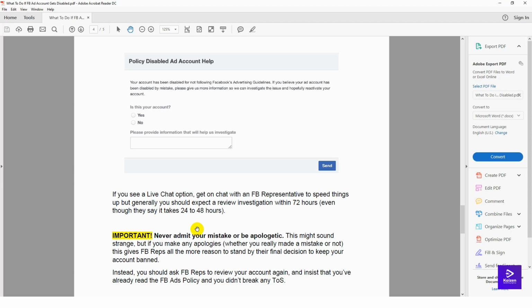Sometimes this could generally be your mistake for not complying with their ads policy. For example, if you're operating in a sensitive market like weight loss, and you're using choice of words that are sensitive or don't comply with the Facebook ads policy, then they do reserve the right to permanently disable your account. At this point, you have no choice but to use another new ad account elsewhere with a different identity, and just be careful not to repeat the same mistakes again.